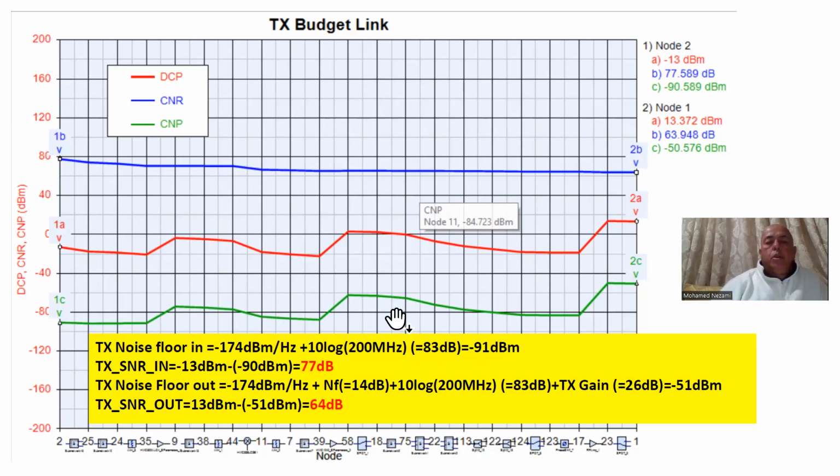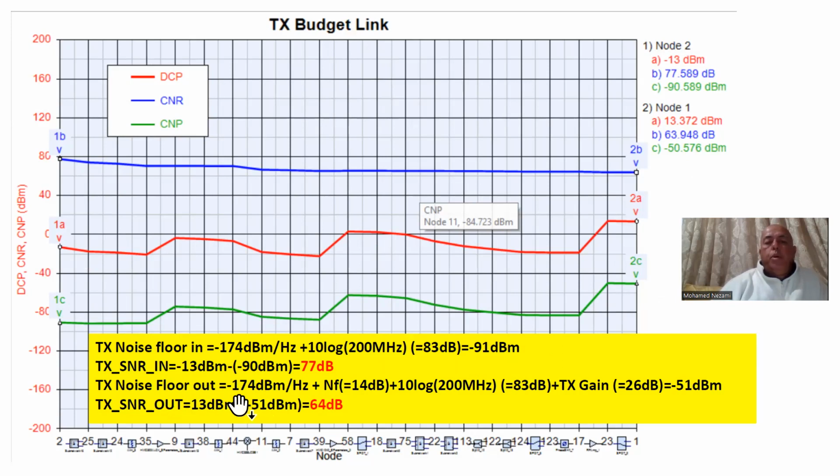And then this noise, as it goes through the system, of course, degrades. Even before we do that, assuming a minus 13 dBm signal out of the DAC and minus 90 dBm noise, that gives us 77 dB as the carrier to noise ratio. That's the CNR in the blue here. Okay, let's go to the other side now.